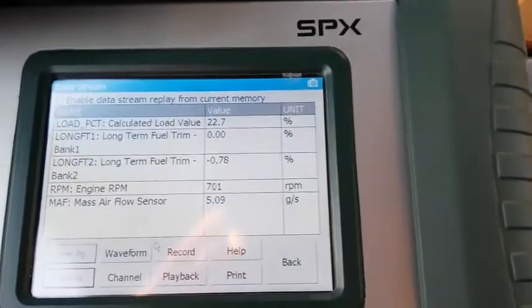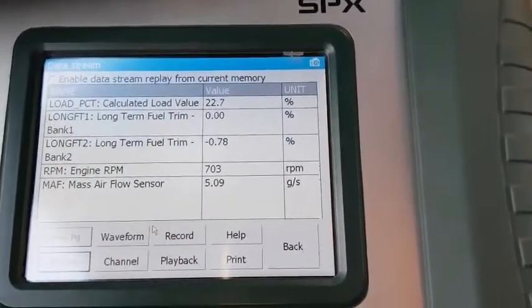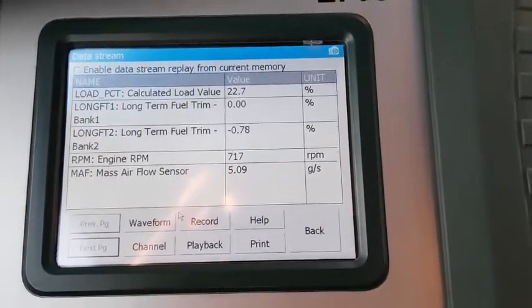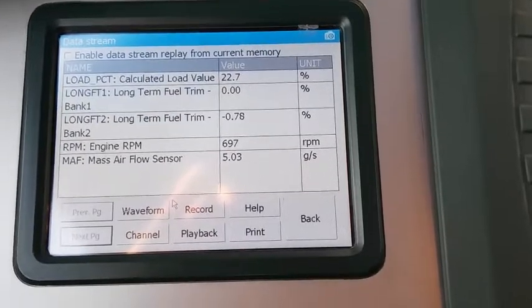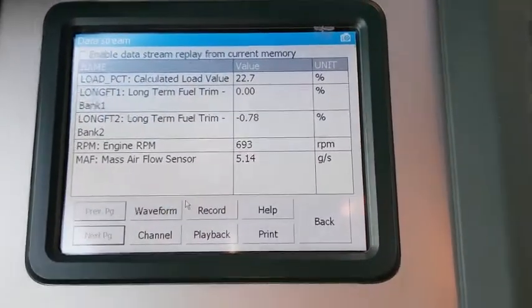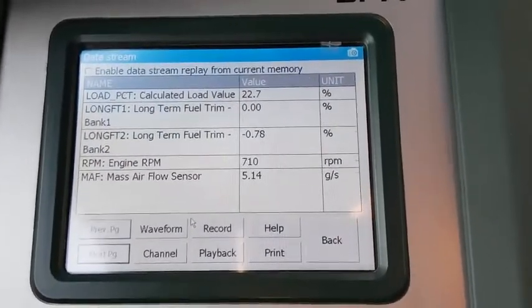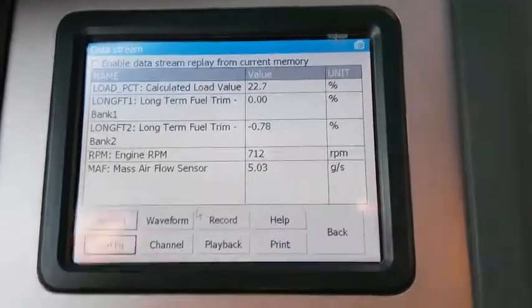So I'm going to raise the RPM to 2500 and perform this test, and let's watch our mass airflow sensor and our load percentage. Our long-term fuel trim on bank 2 is currently showing negative 0.78, which is still within spec. Like I said, I'm going to perform this 2500 RPM test, and let's watch our load and our mass airflow sensor.